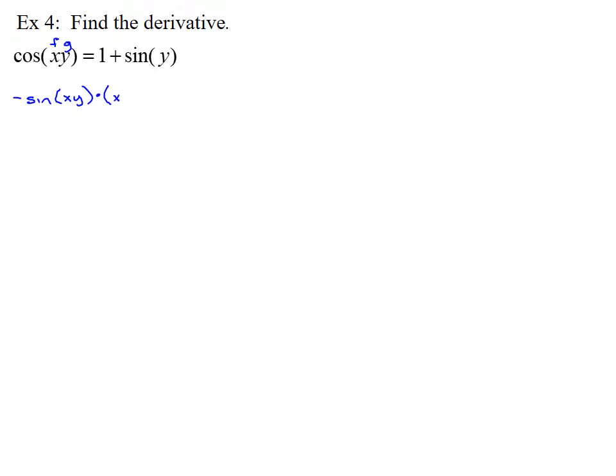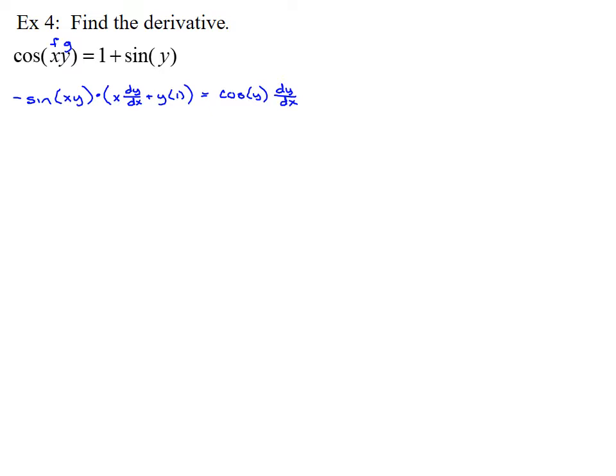So you would do f times the derivative of y, which is dy dx, plus y times the derivative of x is 1. This is equal to, the derivative of 1 is 0. The derivative of sine of y, while normally it would just be cosine of y, is not x, so you have to take the derivative of that. The derivative of y for chain rule is dy dx.